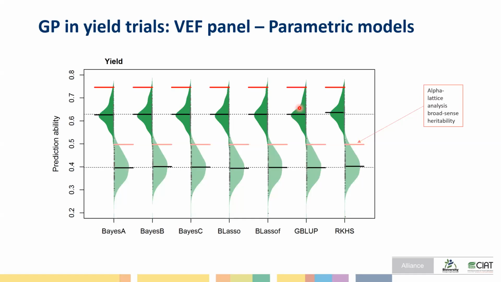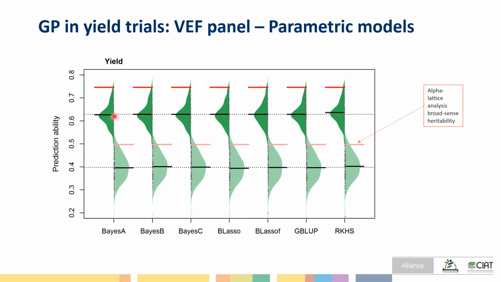We also evaluated different statistical models to see if there is a difference between the prediction ability of each of the models, and we compared the results with the prediction data of another population, the MAGIC population, a multiparental population developed crossing a set of 8 Mesoamerican breeding lines from CIAT. Here we can see compared prediction data for yield.